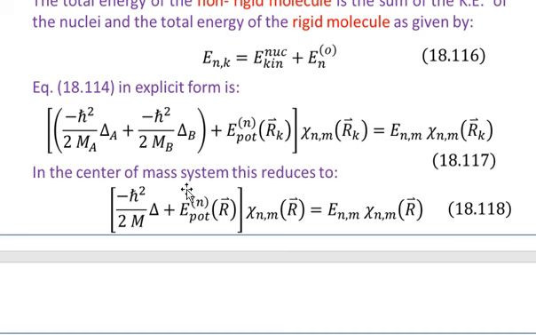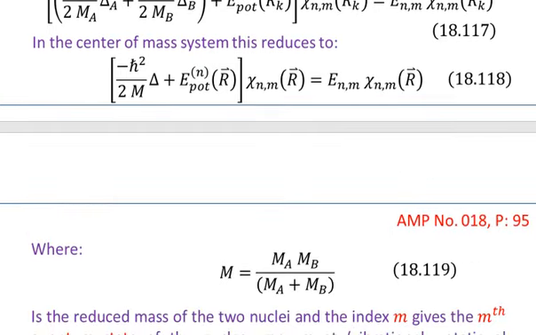In the center of mass coordinates, this will reduce to this quantity in the square bracket. In the square bracket, I have the kinetic energy operator plus the potential energy of the system. Here the capital M is the reduced mass, which is given by M equals MA times MB divided by MA plus MB.